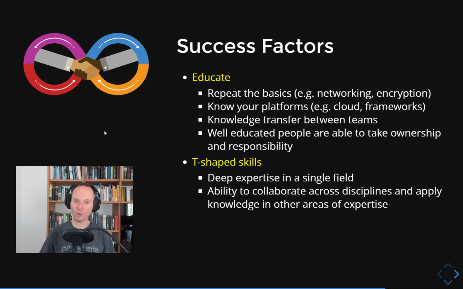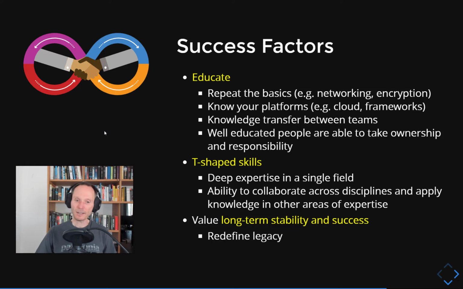But they also have the ability to collaborate with other people from other disciplines and apply this knowledge to other areas of expertise or to their current work. So they have a broad overview knowledge and a deep expertise in one area. And by fostering teamwork, a lot of these people with T-shaped skills can be successful together as teams.